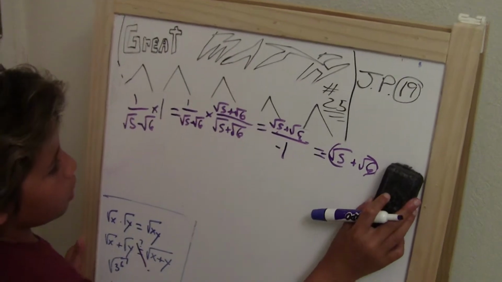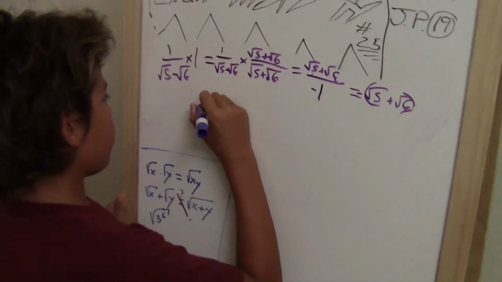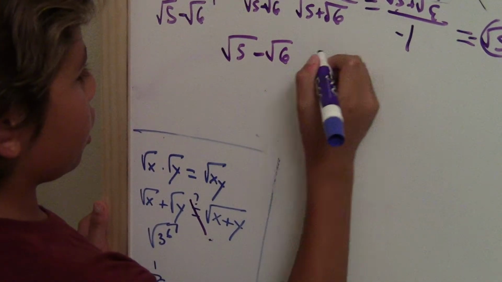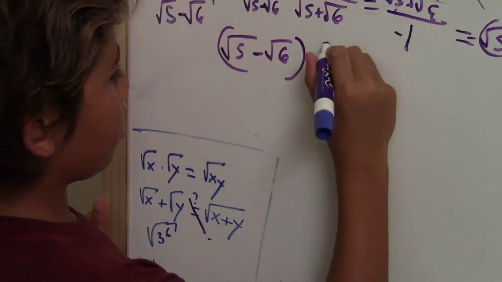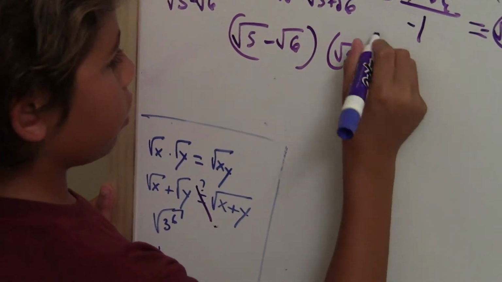Okay, but let me explain. If we used the same thing, I'll show you how it does not change. Times the square root of 5 minus the square root of 6.